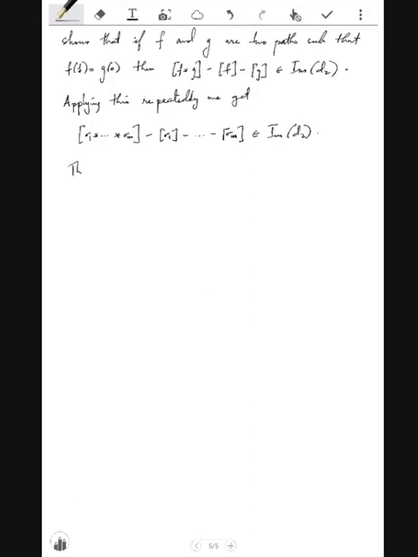So this proves that phi of alpha star gamma star alpha tilde is equal to the class in H1(X). Thus, phi is surjective.